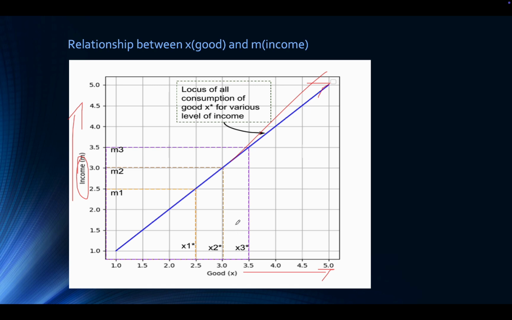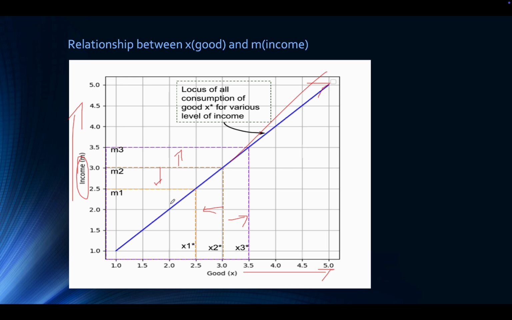For normal goods, consumption increases as income increases. Here we can see the consumption increases while the income increases, and for inferior goods the consumption decreases as income increases. Luxury goods show a steeper positive slope, meaning consumption rises significantly with income growth.